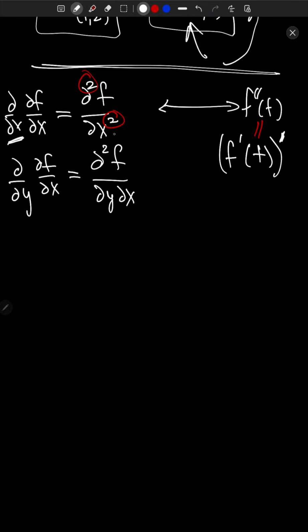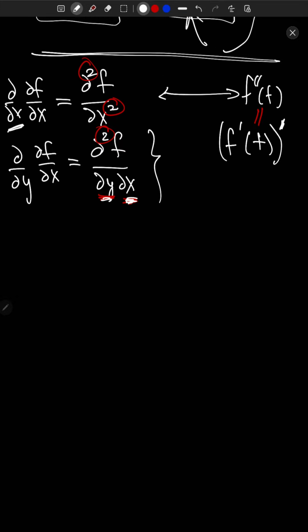The square up here tells us I'm taking two derivatives, and down here I write exactly which two. The square is kind of unnecessary because you can count the d's, but it's a nice way to instantly see how many derivatives you're taking of f. That 2 tells me in total I'm taking two derivatives of f, one with respect to x and the other with respect to y.